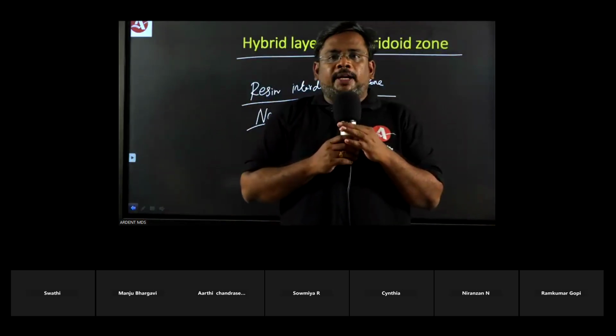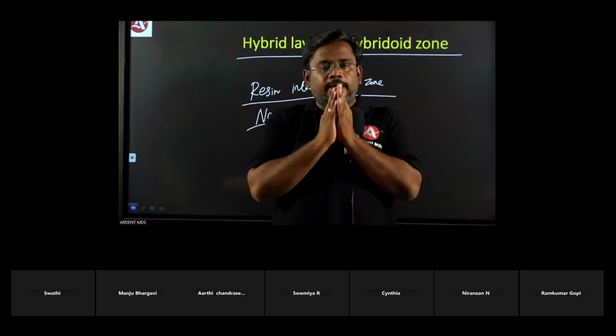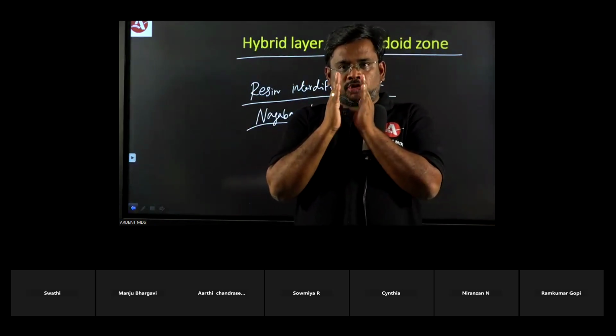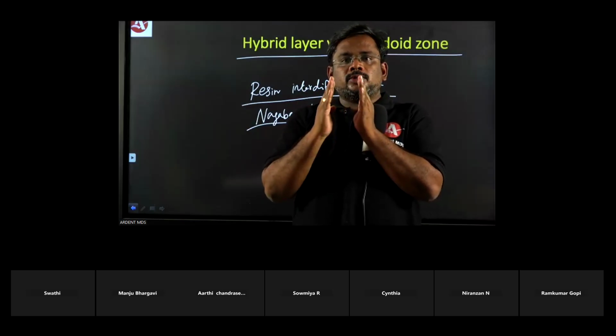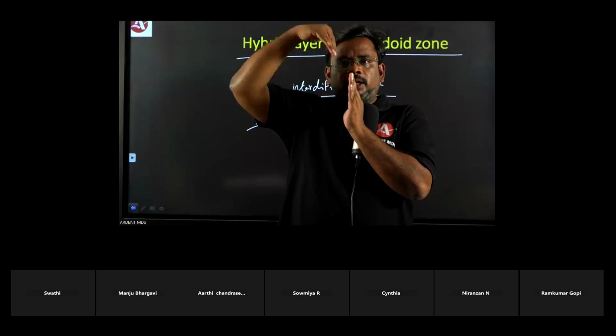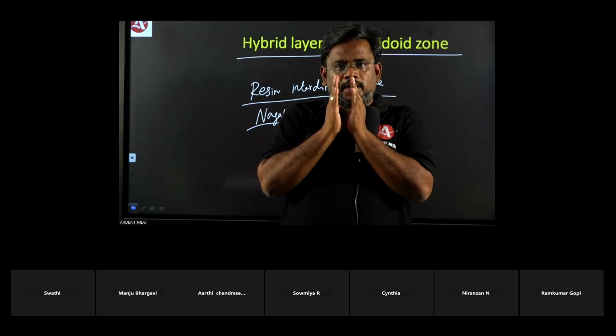What is called a hybrid layer? Okay, so there's the tooth, dentin. Dentin has collagen. Collagen will be straight like this. When you apply the bonding agent, it will go in between the collagen, so the bond will be better.